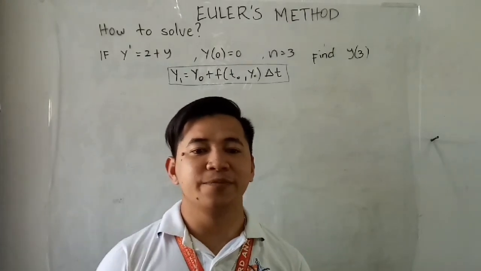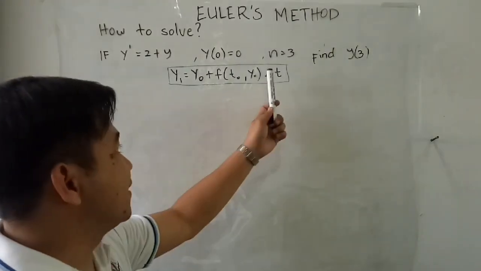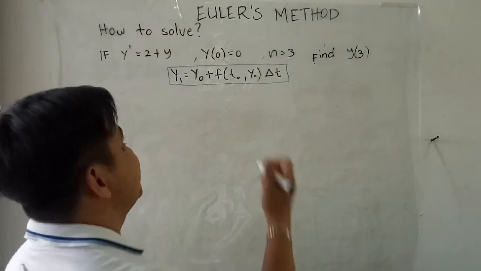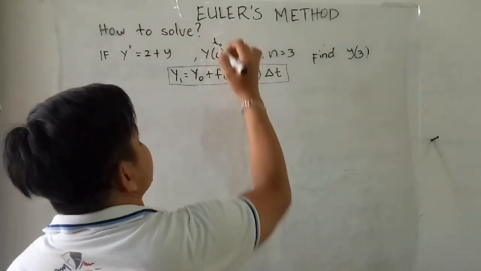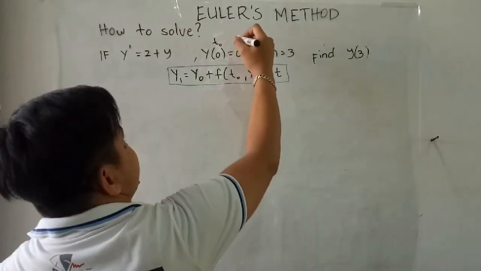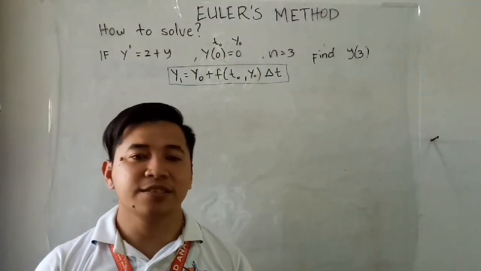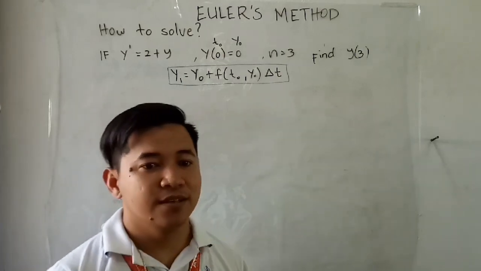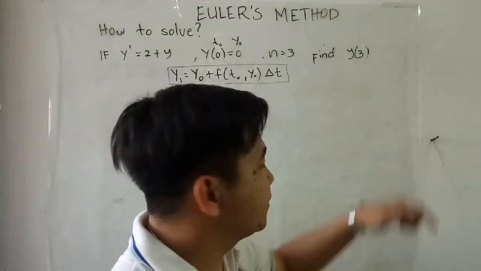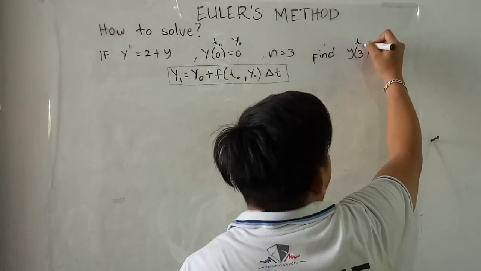Let's start to break down the formula, starting with delta t. We know our initial value t sub 0 is 0, and y0 is our y sub 0. And n is the last value that we want to find for t, so our t sub 3 here is 3.